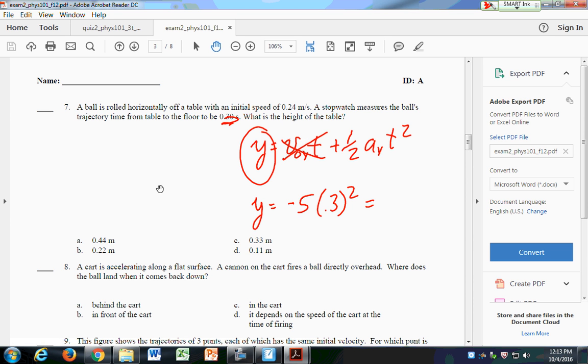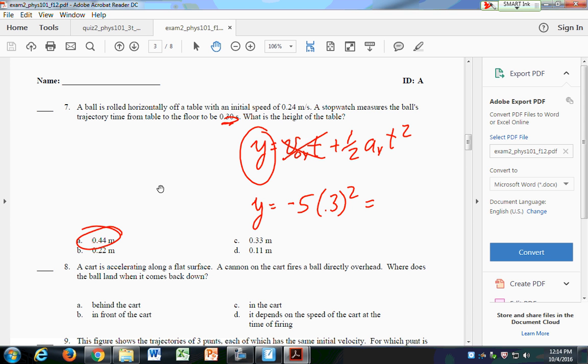So that's 4.5. Wait, hold on. Yeah, -0.45. So A would be the right answer.